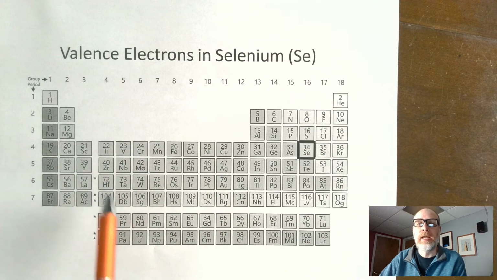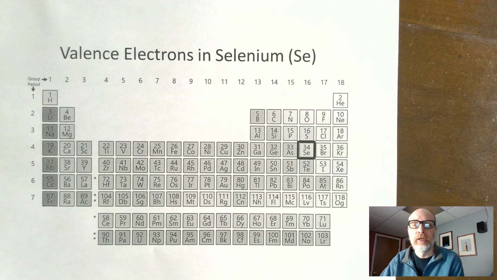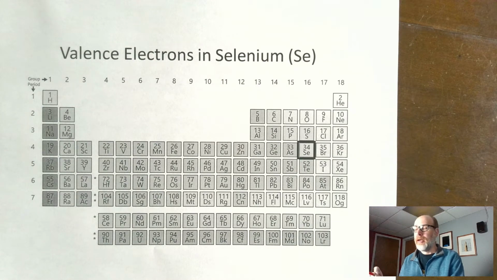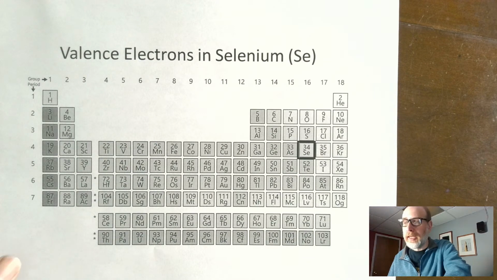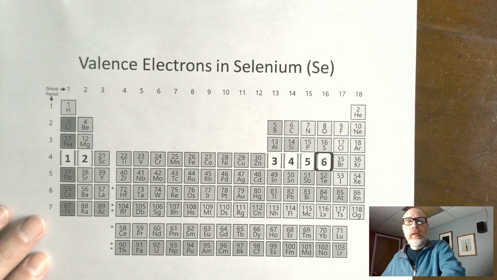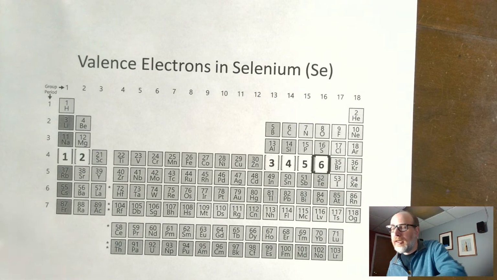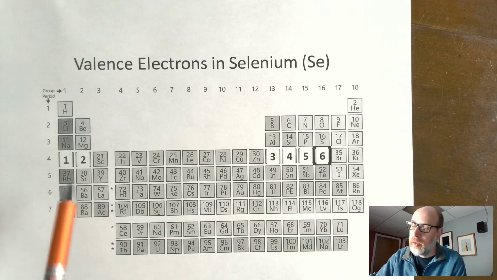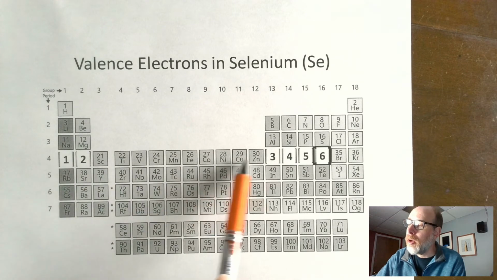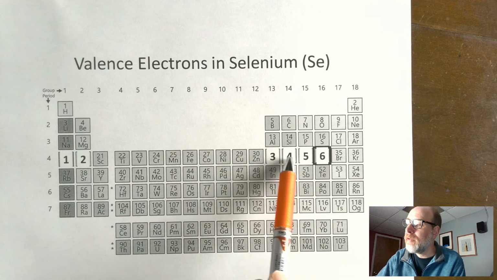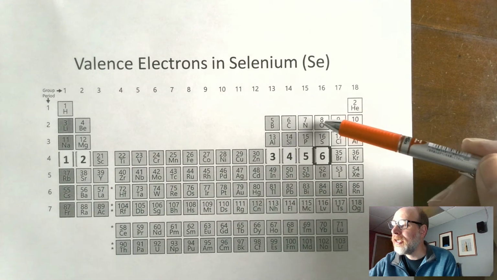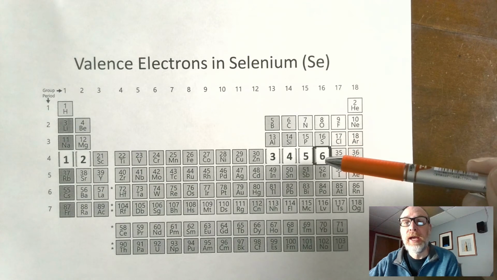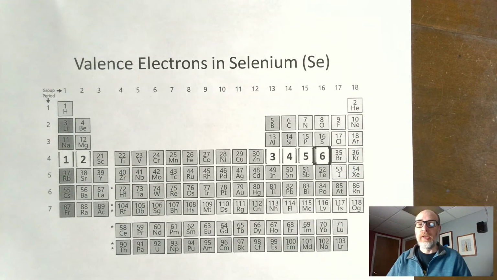Those are D electrons. We're not going to count the D electrons as valence electrons. We're only going to count the outermost S and P electrons. So if we look at selenium, we would go 1, 2, skip all the transition metals, 3, 4, 5, 6. So oxygen has 6, and selenium has 6 valence electrons.